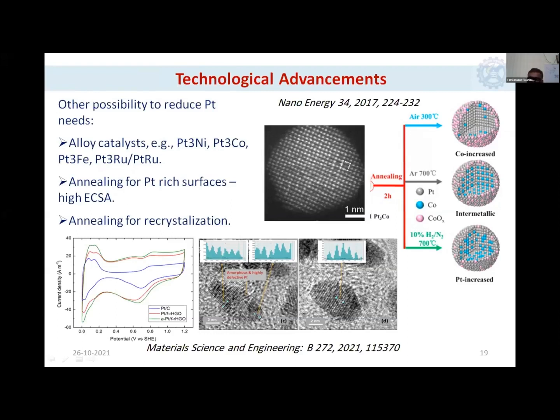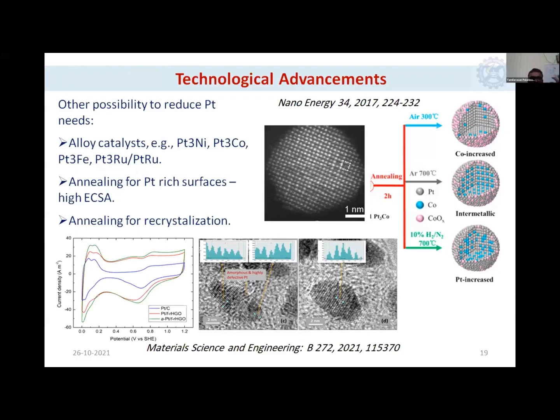Okay, so in this way, even though you are reducing the platinum utilization by 25 atomic percent, it is Pt3 and Co. So 25 atomic percent you have reduced, but still your surface is enriched with platinum, so it can work as close as a platinum catalyst. So you are actually reducing 25% of platinum usage. So this is one way.